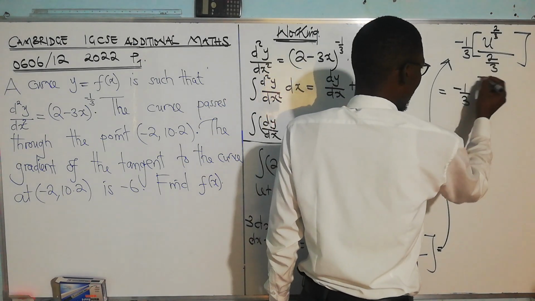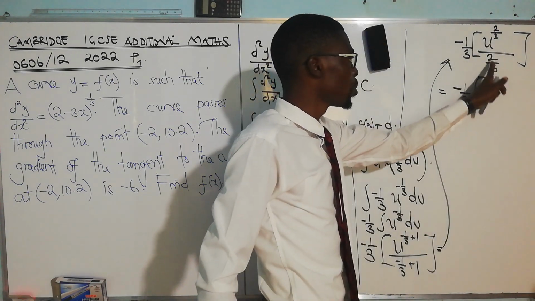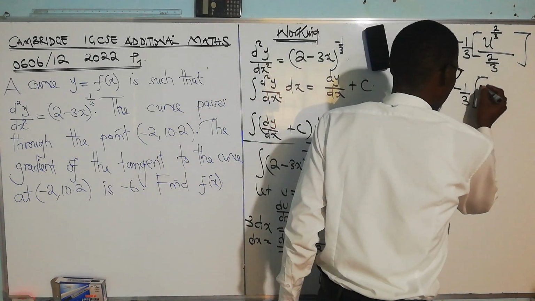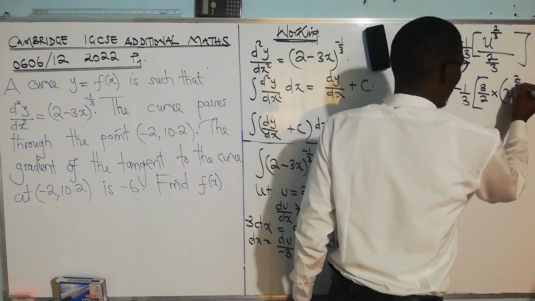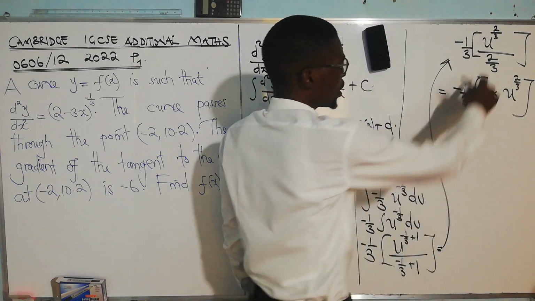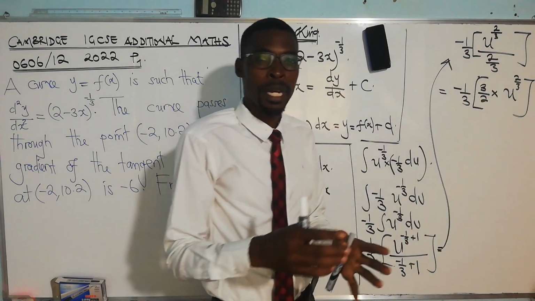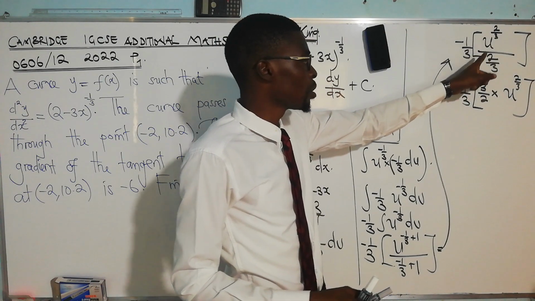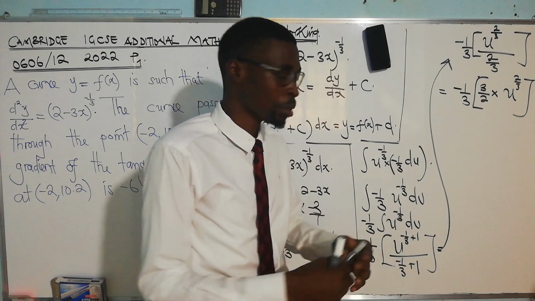So in short, I can write this as negative 1 over 3 times u to the power 2 over 3 over 2 over 3, which is the same as 3 over 2, the reciprocal of that, times u to the power 2 over 3. You know that dividing by a number is the same as multiplying by its reciprocal. So dividing u to the power 2 over 3 by 2 over 3 is the same as multiplying u to the power 2 over 3 by 3 over 2.